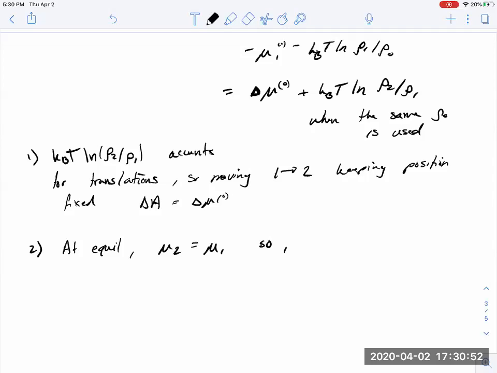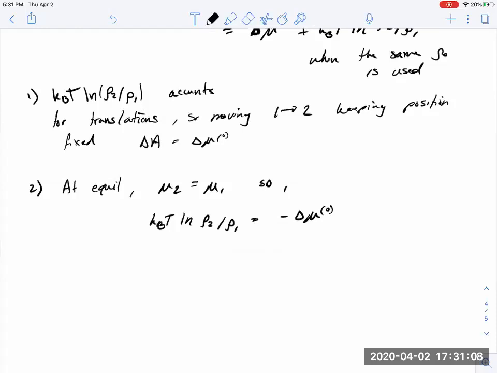So that implies that kBT log rho 2 over rho 1 is equal to minus delta mu of the reference. If I rearrange that by dividing both sides by kBT and exponentiating, I get rho 2 over rho 1 is equal to e to the minus beta times that difference in standard state chemical potentials.